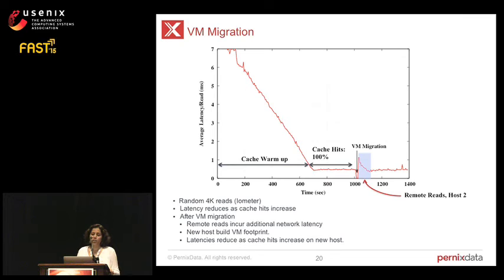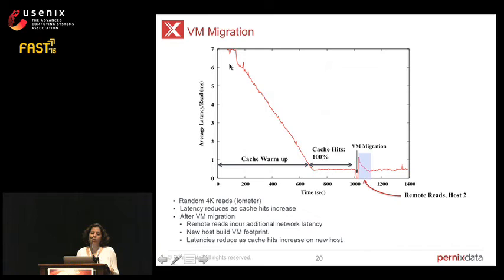So here, the graph is showing the average read latency experienced by a virtual machine as it migrates from host 1 to host 2. While the VM was on host 1, we ran a read workload, which was generating random 4K reads using iometer.